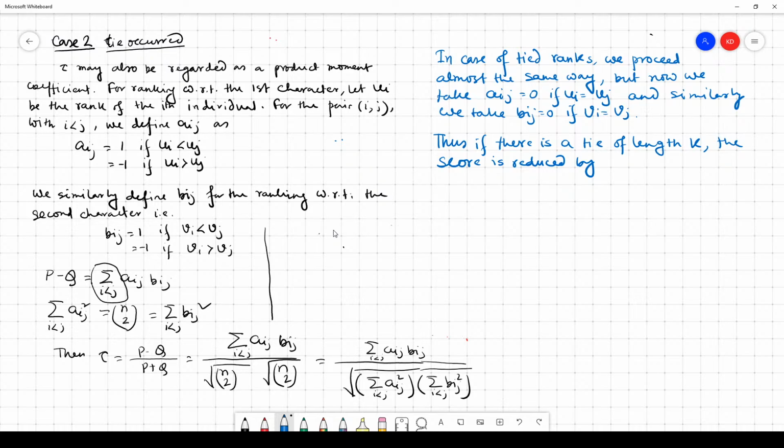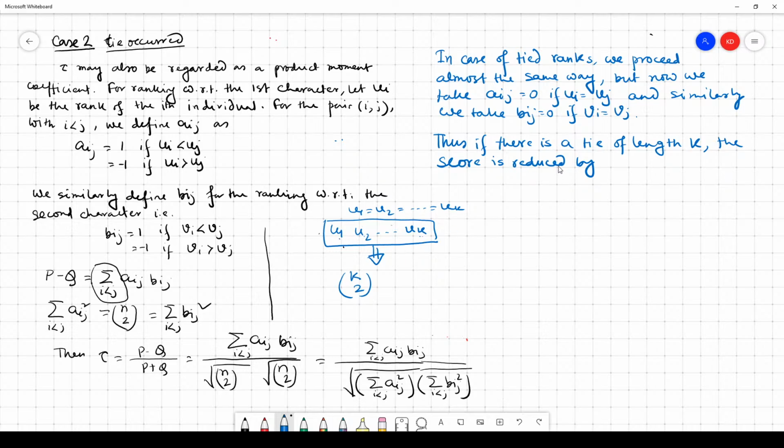Look, suppose U1, U2, without loss of generality, these are tie cases. So how many pairs? A tie case means U1 equal to U2 equal to Uk. All are the same rank. There how many pairs do you assign 0? This is kC2 pairs, because for U1, U2, ..., Uk the same rank means there are kC2 such pairs to which you assign 0.